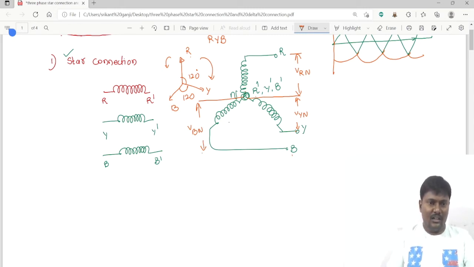So this VRN is equal to VYN and VBN. We can call it as phase voltage.